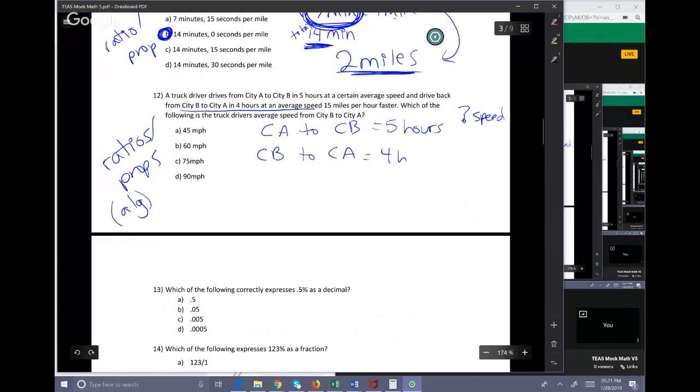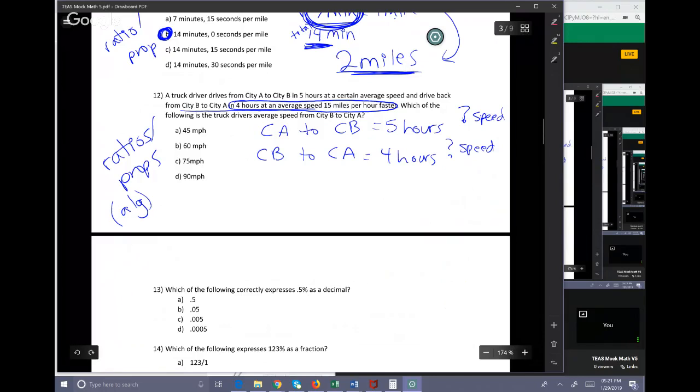And that took only 4 hours. Again, unknown speed. They did not tell you the speed you were traveling in either instance. That's what makes this much harder than your typical proportion. But they did say that when it took 4 hours, you were going 15 miles per hour faster.